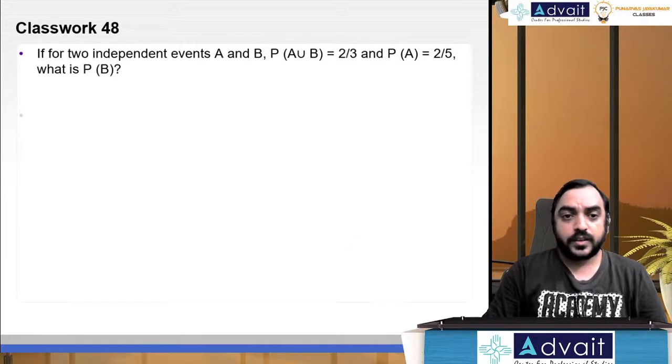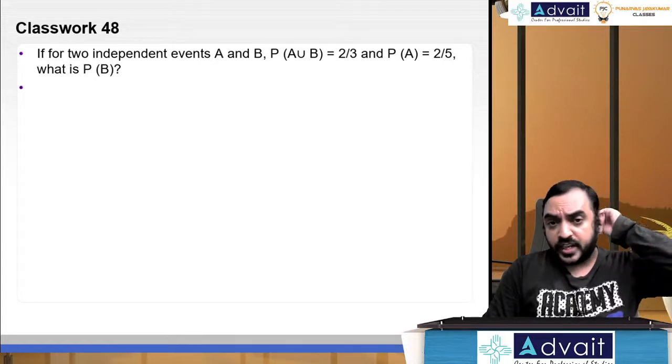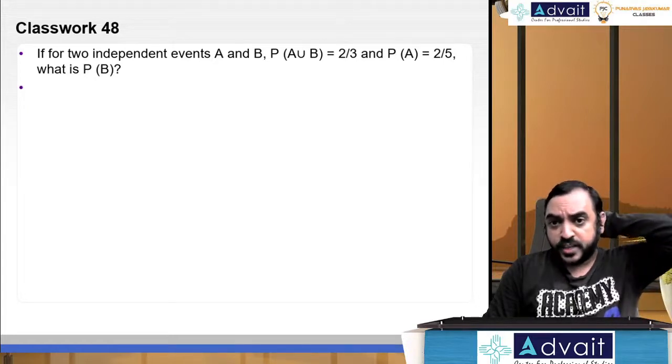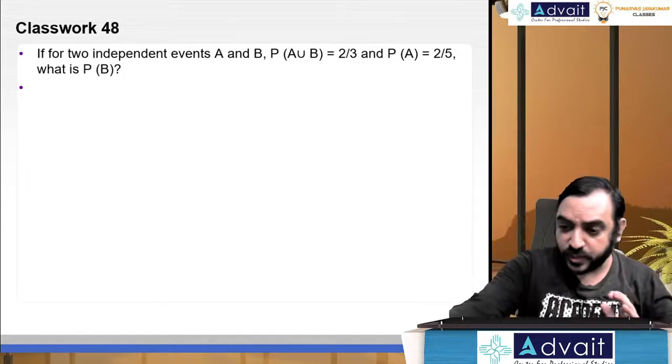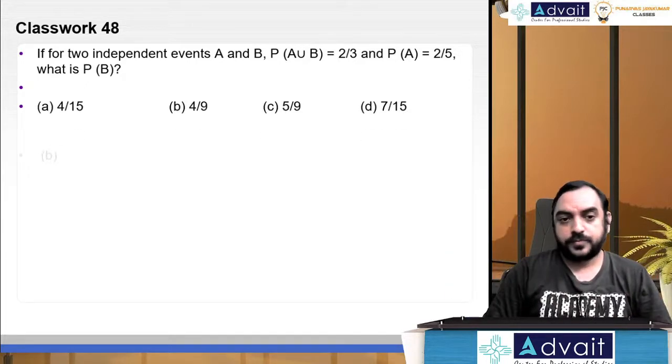I'll go next. If two independent events A and B, probability of A union B is 2 by 3, probability of A is 2 by 5, what is the probability of B? This you please try. I'll give you 2 minutes.